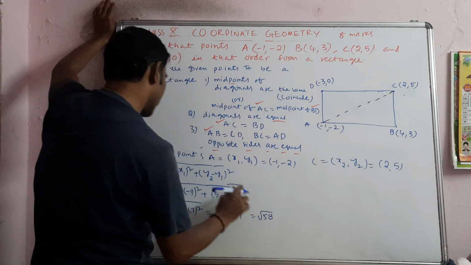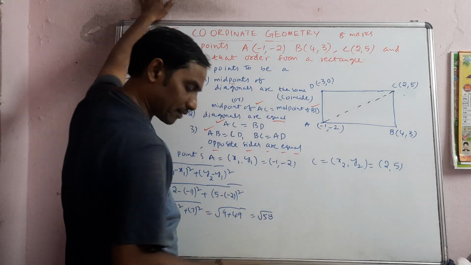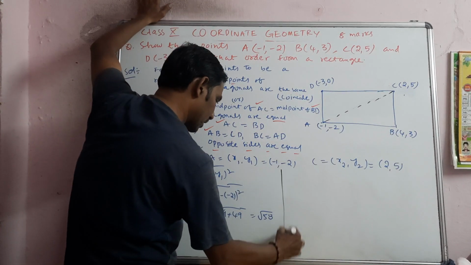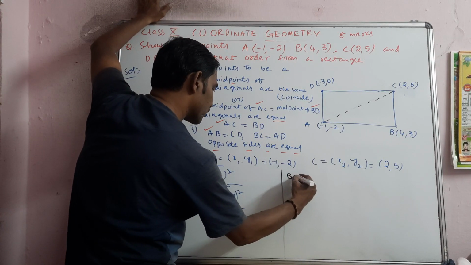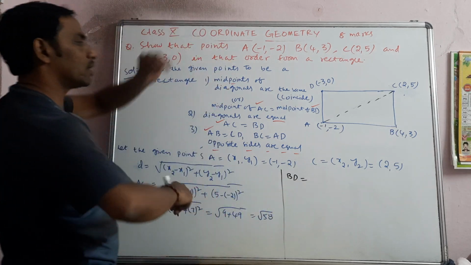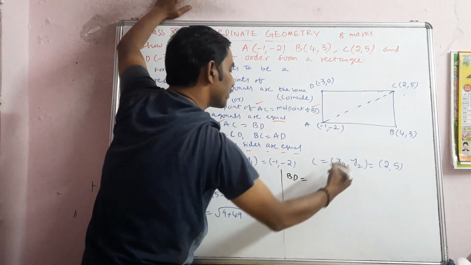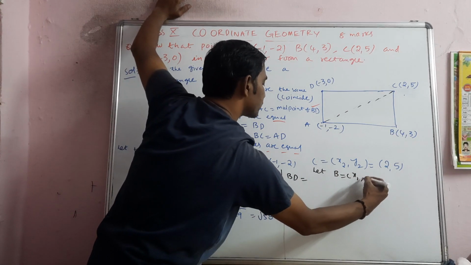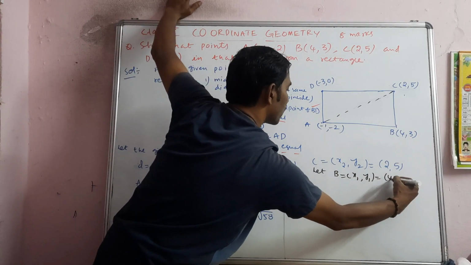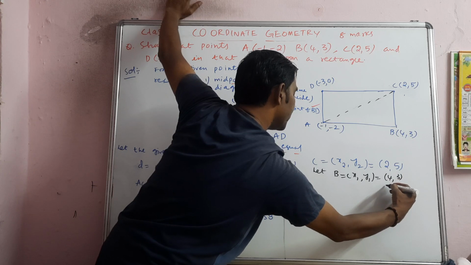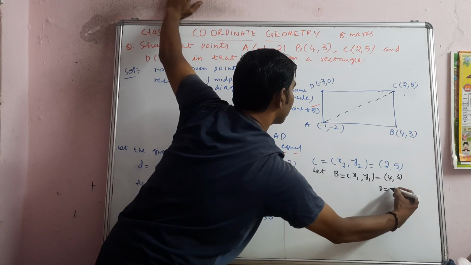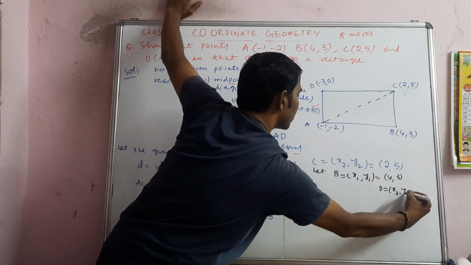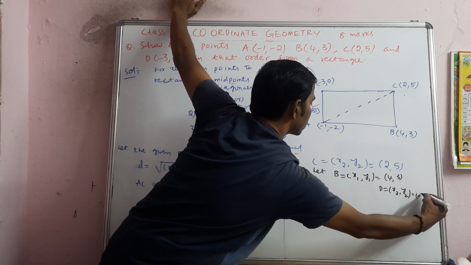Same way, you prove it for BD also. For example, to separate the colors, I will use black ink so that you will understand. Now you take B and D. Let B, x1 y1, be 4 comma 3, and the point D, x2 y2, you can take as -3 comma 0.